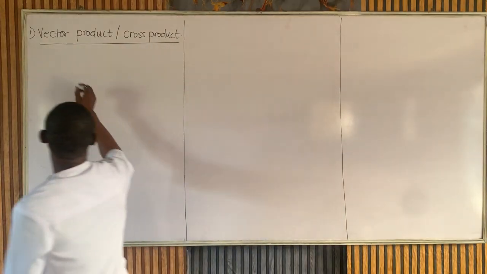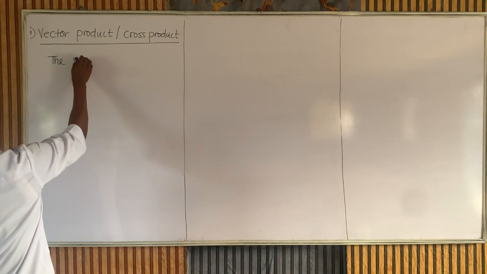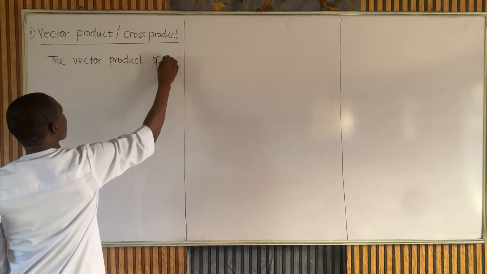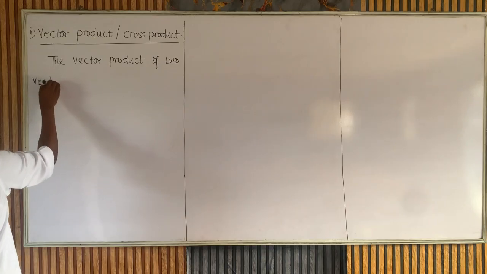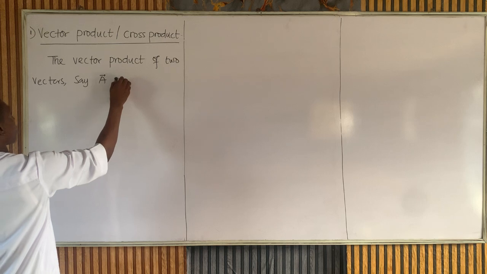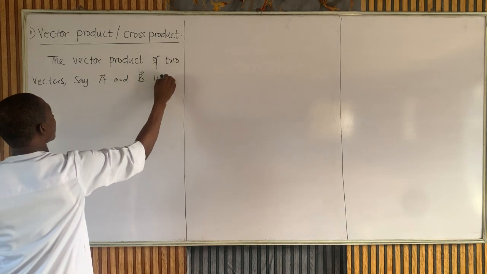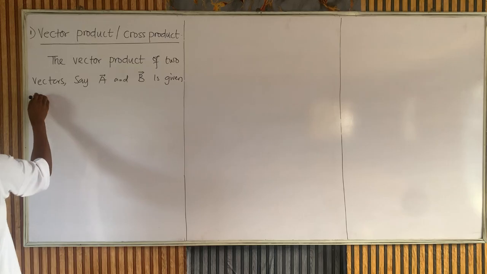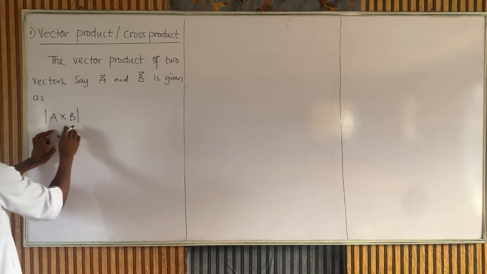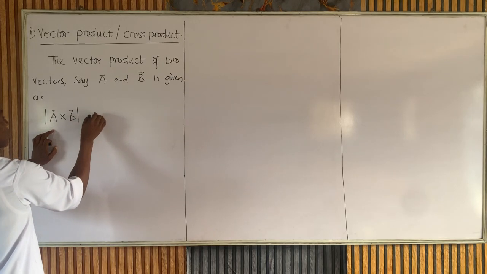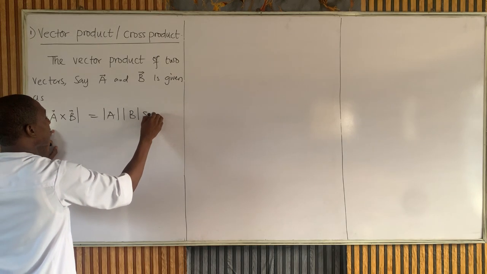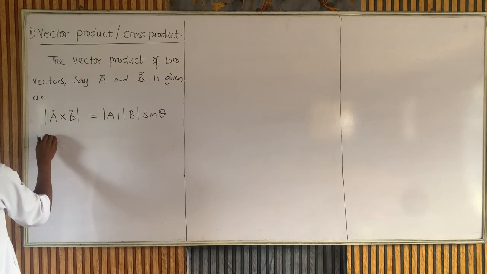You see, the vector product of two vectors, say A and B, is given as magnitude of A cross B is equal to magnitude of A, magnitude of B, sine theta, where theta is the angle between the two vectors.